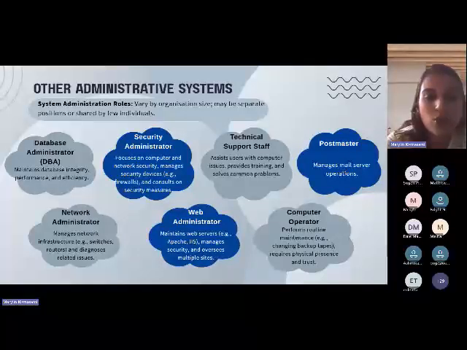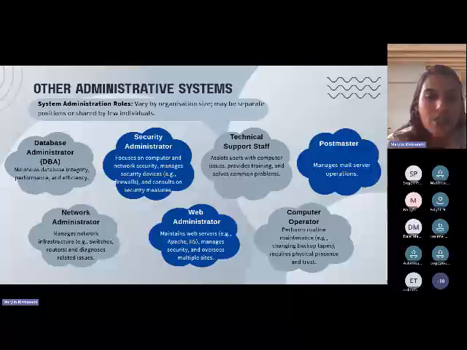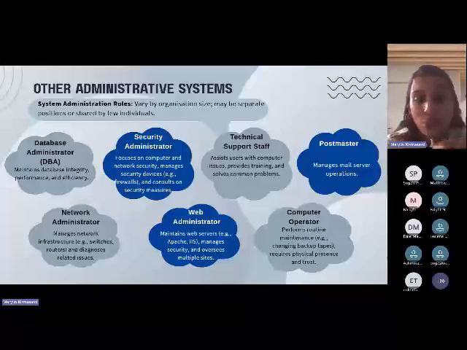Okay, and they optimize the efficiency and performance of that database system. For example, in a law firm, you have client records, as mentioned earlier, this person would be responsible to make sure that that information in the database is accurate, secure, and quickly accessible when you need to access client data.